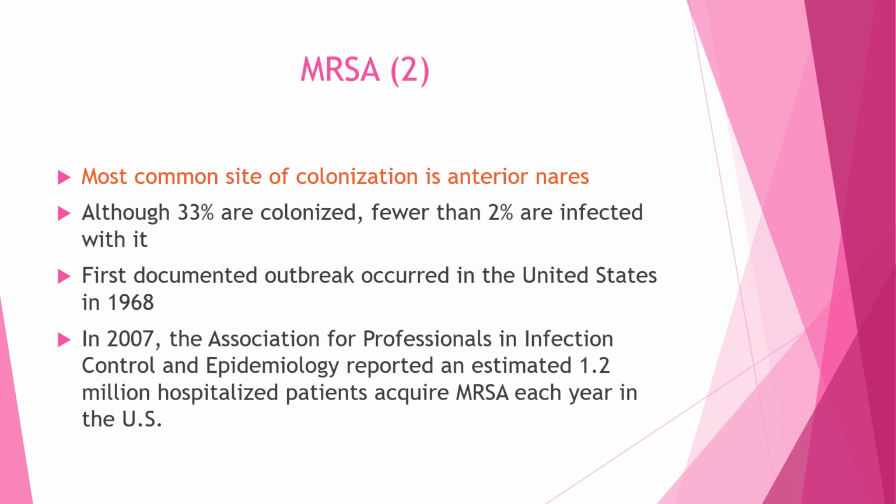The first documented outbreak occurred way back in 1968 in the United States. In 2007, many years ago now, the Association of Professionals in Infection Control and Epidemiology reported an estimated 1.2 million were hospitalized with MRSA each year in the United States.